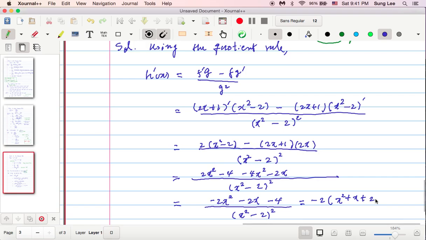Plus 2. So you can write it this way also, all over x squared minus 2 squared. Okay, anyway, that's the derivative we obtained by using the quotient rule.